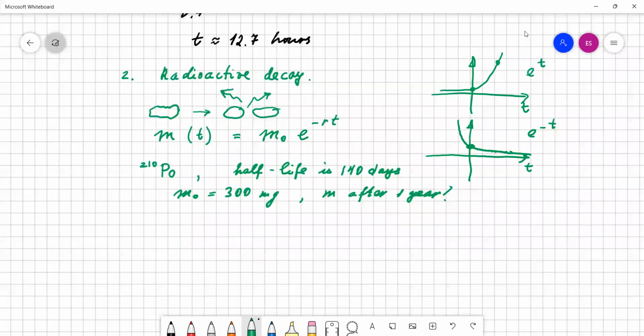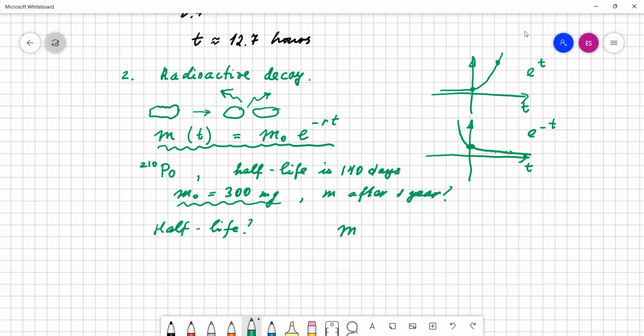Well, first, guys, what is what in the formula actually? M0 is the initial population. So somebody gave us the initial mass of the element, which is 300 milligrams, right? R is the rate of decay, but they did not give us the rate of decay, they gave us the half-life. What is half-life? Half-life is the time necessary to decay half of the element. What does it mean?